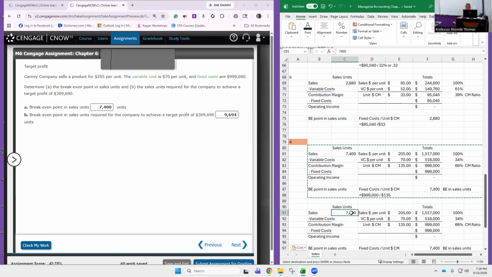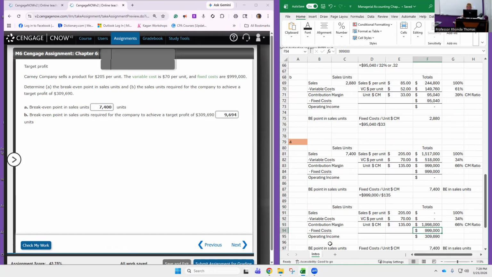Now we don't know what it's going to be. Our sales price stays the same. So all this is the same, and so is this. But now we want 309,690 down here. So when you add these two together, that should be the contribution margin.